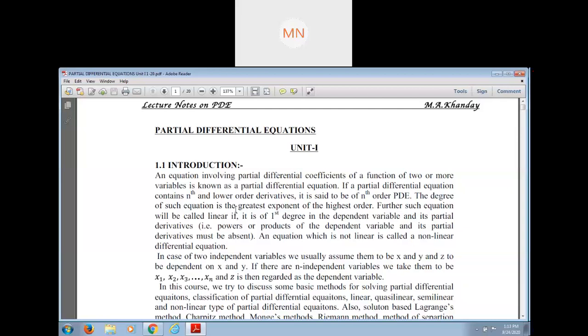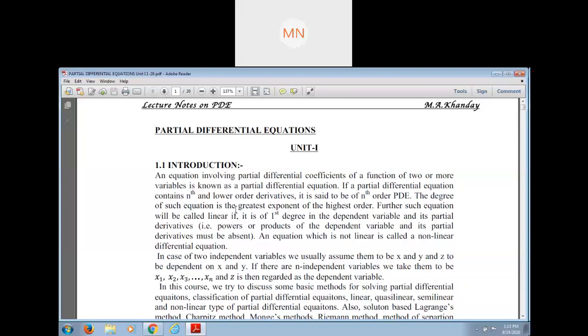Highest degree, ma'am. No. Highest power of the derivative is called order. Highest power of the derivatives.